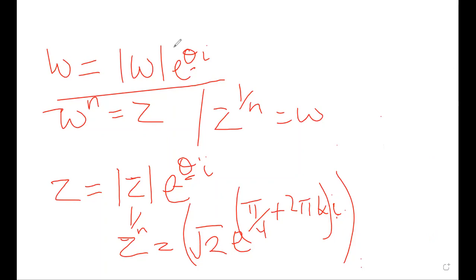So we have root 2 to the power, and n is 3, so we just put 3 there. So root 2 to the power 1 over 3. That's our first part.